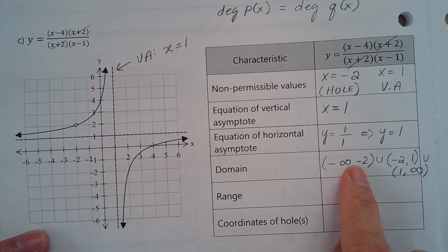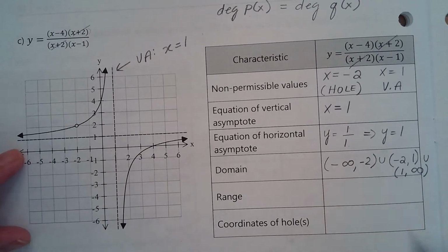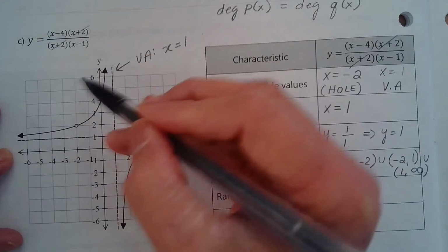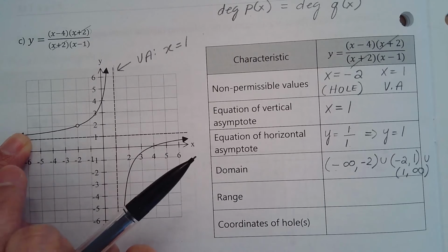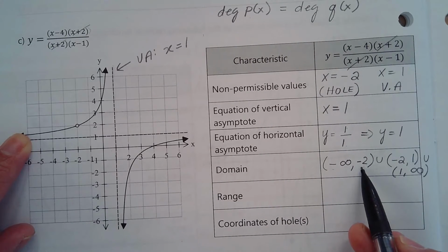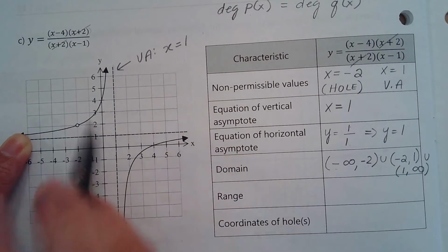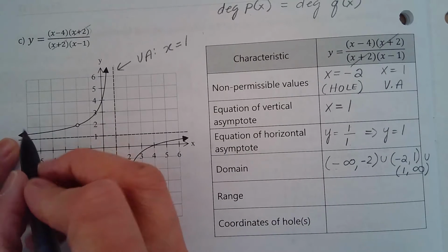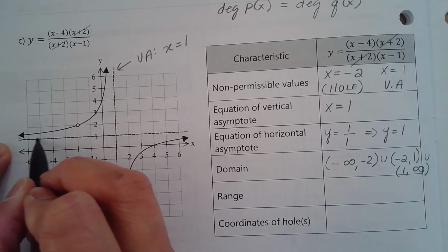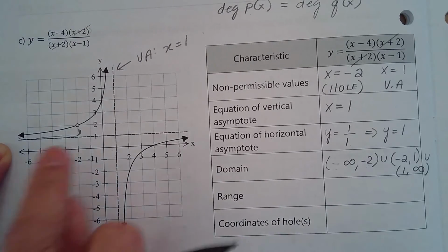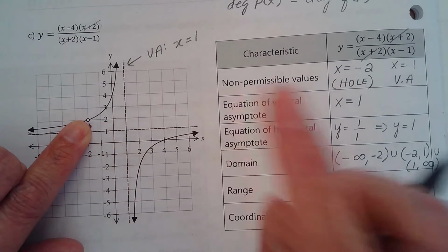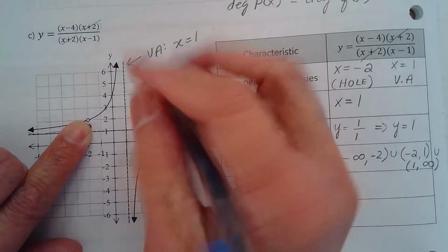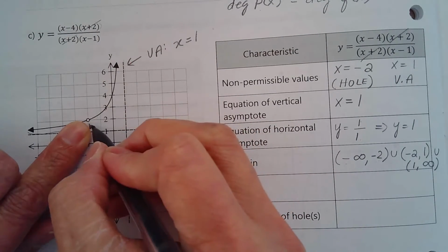So you have negative infinity to negative 2. That's this part over here of this graph, up to negative 2, because there's a hole at negative 2. And then the other part would be from negative 2 to 1, from here to here.